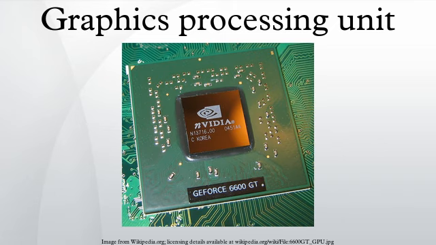GPU accelerated video decoding. Most GPUs made since 1995 support the YUV color space and hardware overlays, important for digital video playback, and many GPUs made since 2000 also support MPEG primitives such as motion compensation and IDCT.